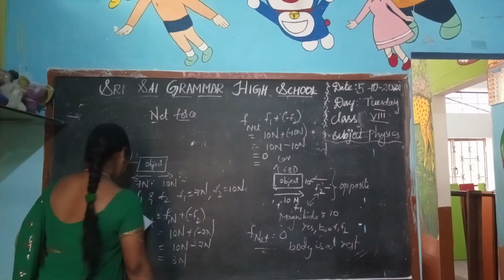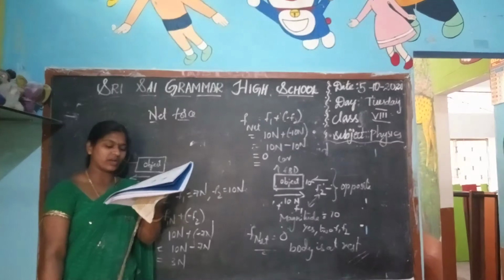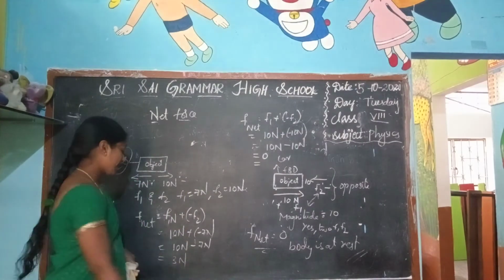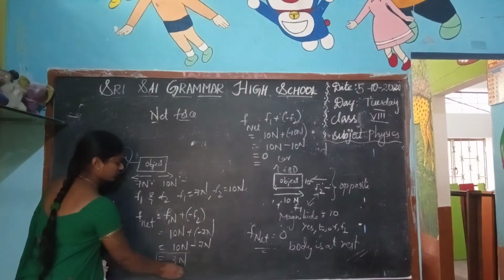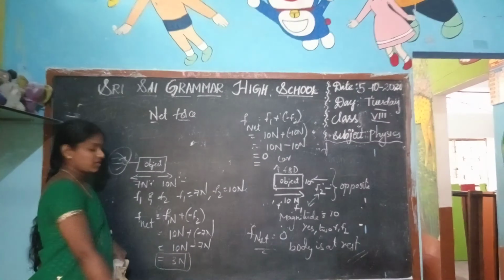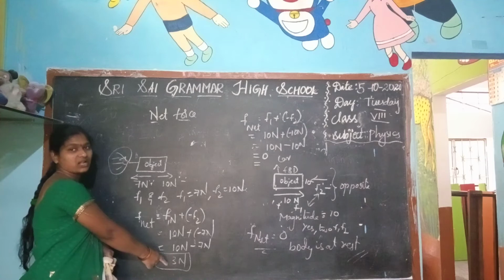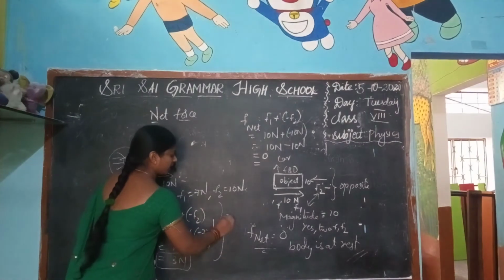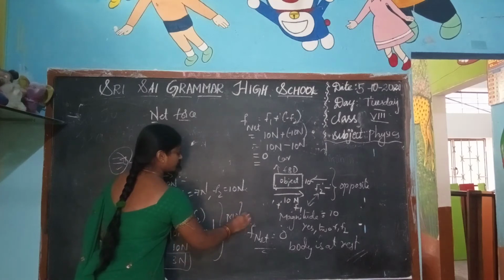If the net force on the body is not equal to 0, then the object will be in motion. By this we can conclude that if the net force is not 0, the body is in motion.